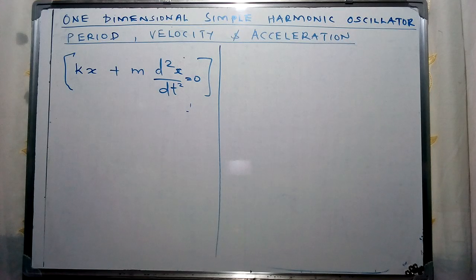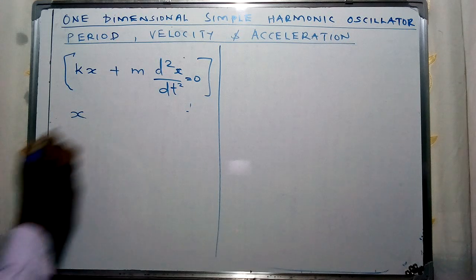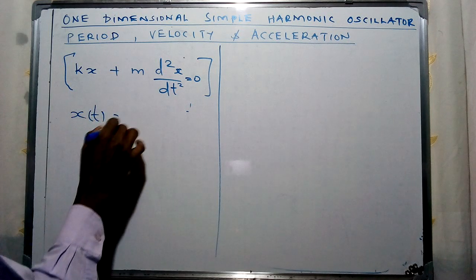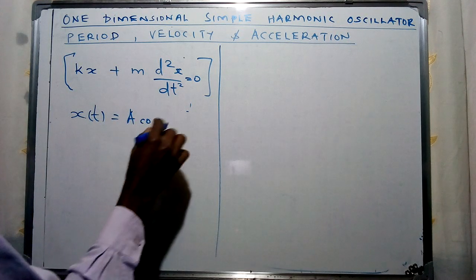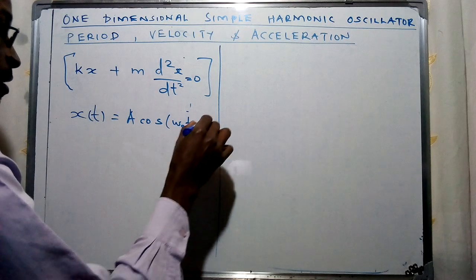Now, having discussed the concept of this specific motion, this basically is a second order differential equation, which is going to have two specific solutions. For the first one, I'm going to give it as x(t) equals A cosine of omega naught t plus phi.